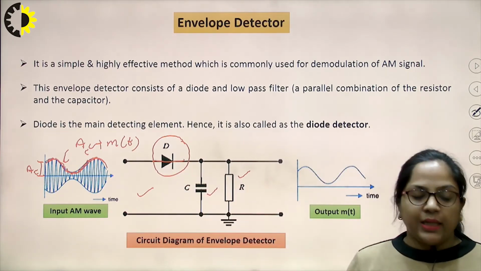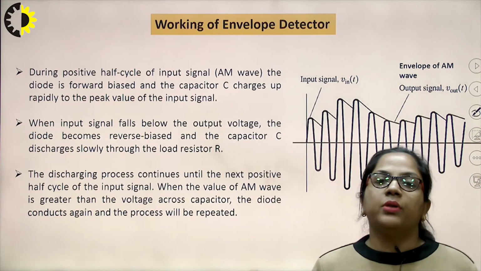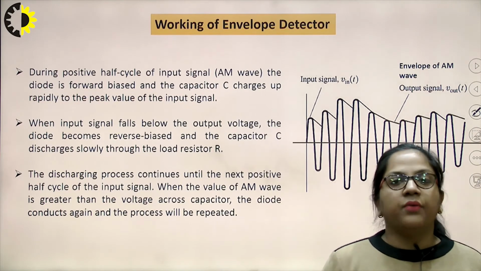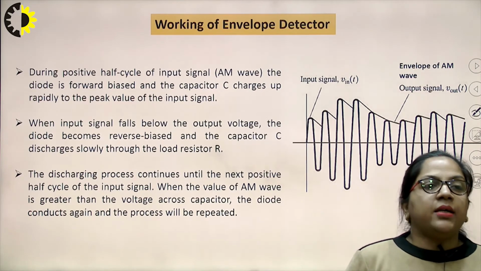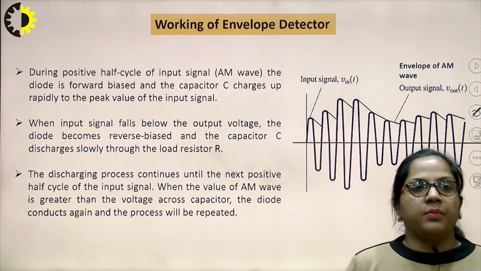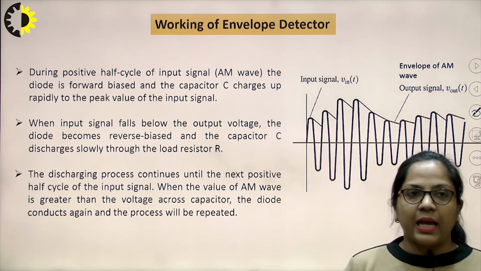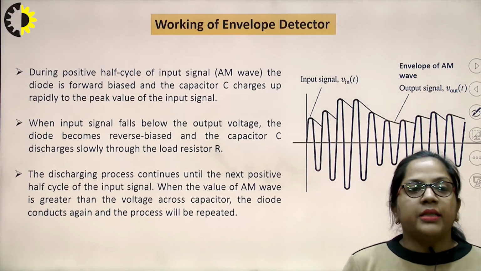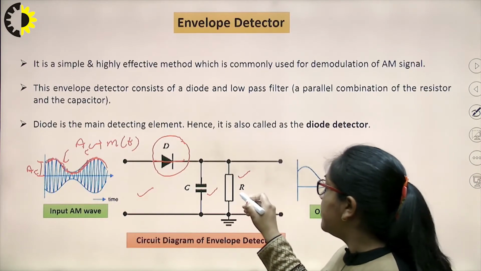When this diode acts like a short circuit, then this capacitor will get charged up to the value of applied input voltage, that is Vin. Next, when the input signal falls below the output voltage, the diode becomes reverse biased and the capacitor then starts discharging gradually through the load resistance, that is R.